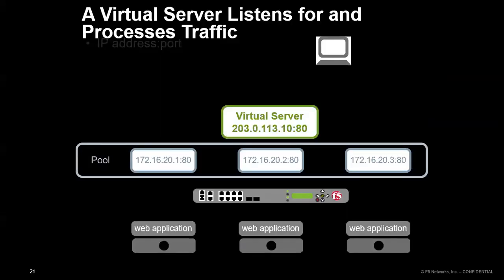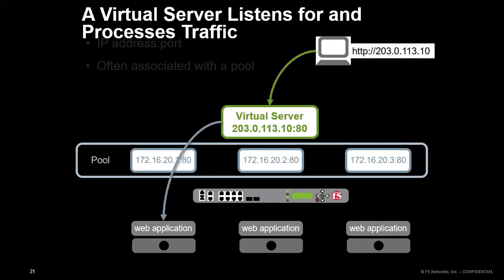So, a virtual server on F5 listens for and processes traffic based on what has been configured. For instance, if the IP address of the virtual server is as stated here, and a client is requesting a service on a web server behind an F5, which might not even be visible to the requesting client, the virtual server is responsible for directing that traffic to the pool member that has the resource being requested.